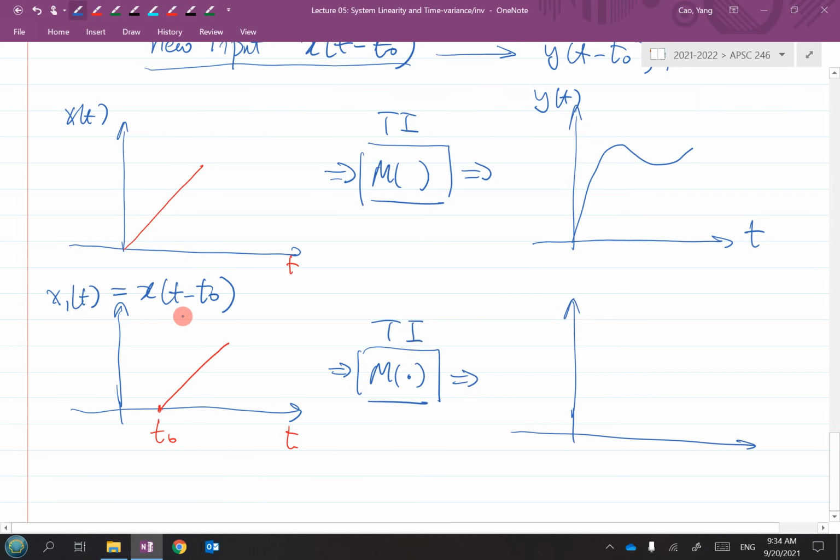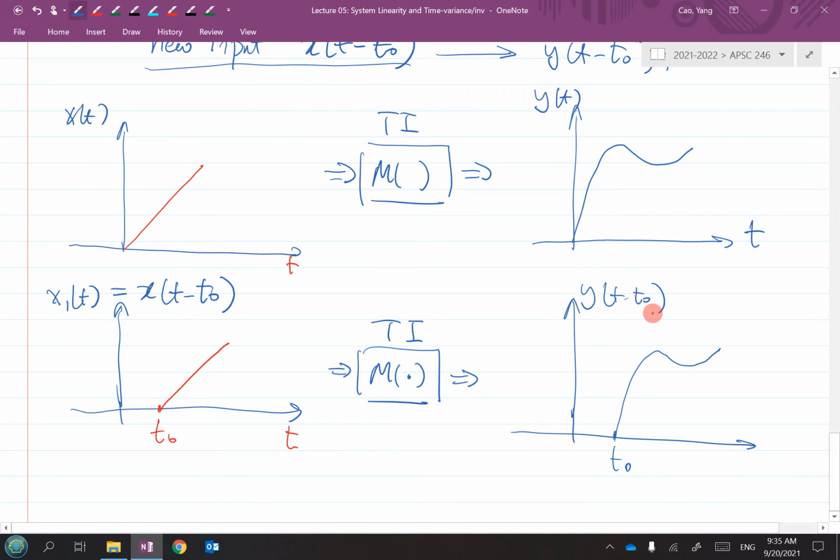Sometimes you do an experiment: you put this new input to the system, you measure on the other end, and you tell them what the system output looks like. Now in this case, because I know it is time invariant, I can immediately tell people, look, your output is actually a shifted version of the previous output. That's how you can make use of this time invariant property.